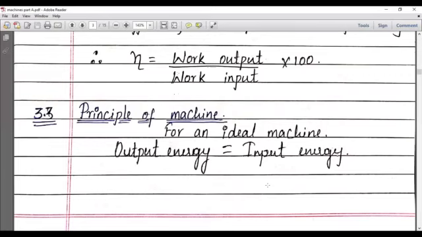The point at which the energy is supplied to the machine by applying the effort is called the effort point.